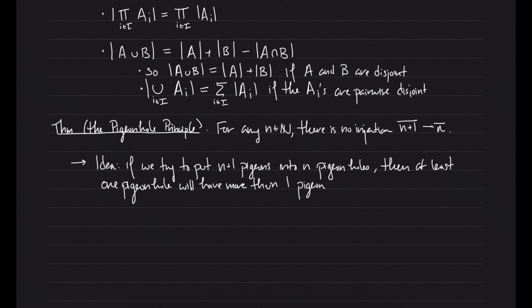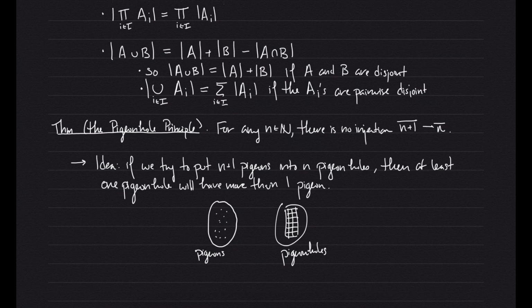So let's think about this in terms of pigeons and functions. So say we've got our set of pigeons here, a bunch of pigeons in our set. And we've got a set of pigeonholes.